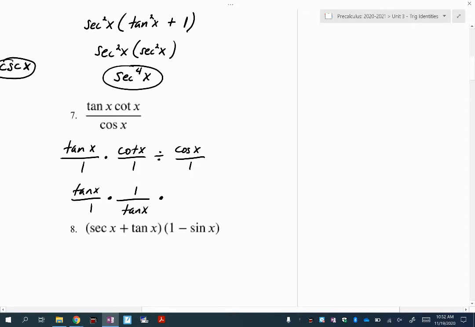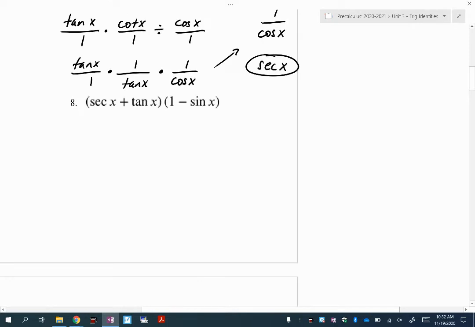And then if I change this to multiplication, I would put that as 1 over cosine of x. Now, if you look at this, I have tangent of x in the top and tangent of x in the bottom, so those are going to cross out, which leaves me with just 1 over cosine x. And I'm going to write that as its reciprocal, and its reciprocal is secant x.